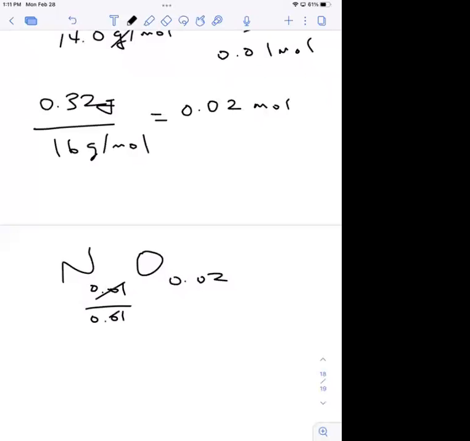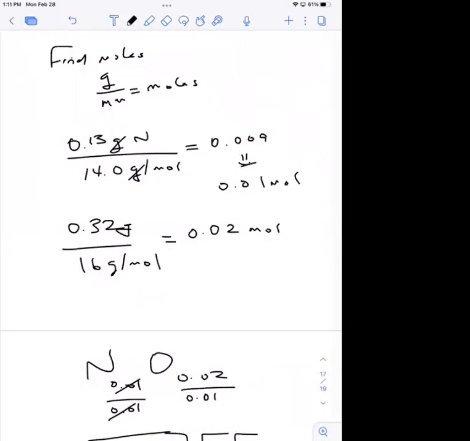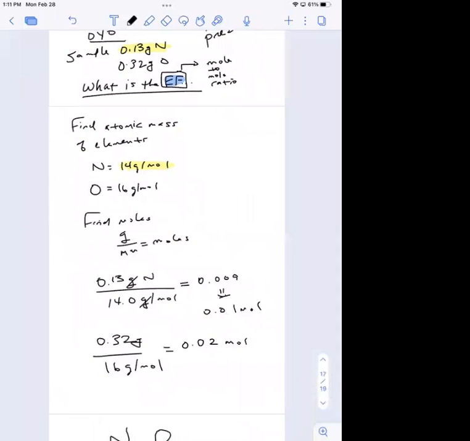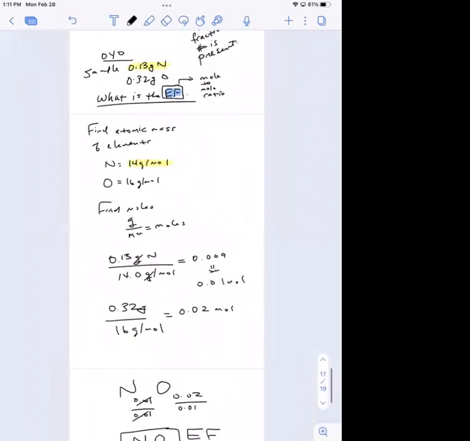So now we can do that. And this divided by 0.01. So what am I left with? NO2. NO2. Good. This is the empirical formula for this sample that contains 0.13 grams of nitrogen and 0.32 grams of oxygen. Excellent. Nice work.